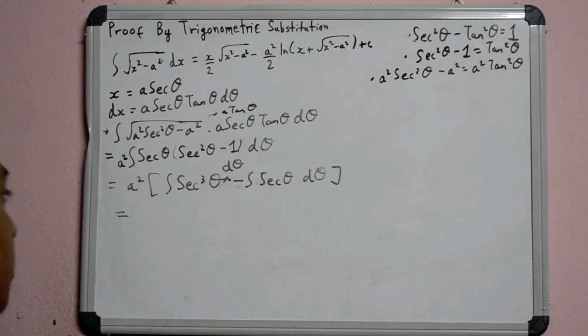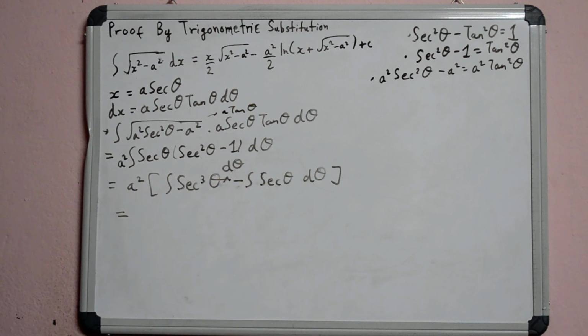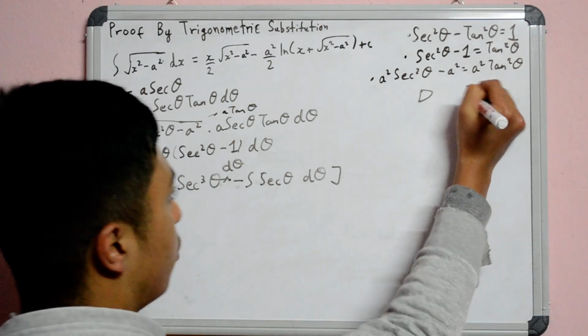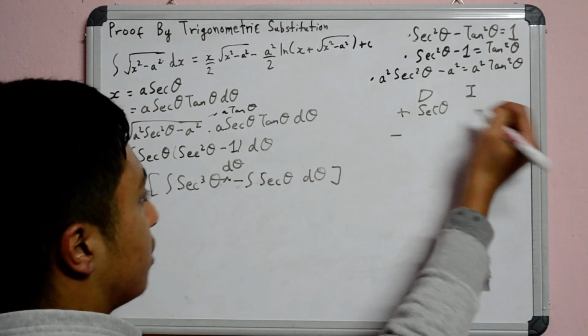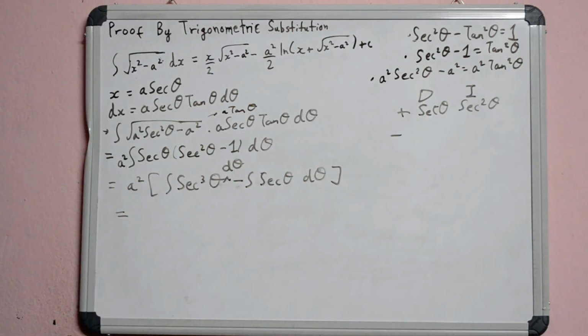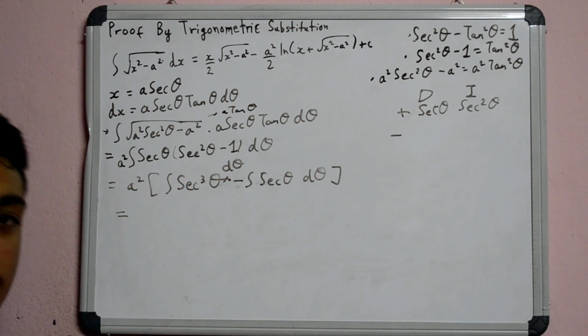Ink is running out. So now we have to do the integration of sec cube theta, which I've done 2-3 times in the past. I'll give you guys the hint if you want to do it on your own: differentiate sec theta, integrate sec square theta, and you'll get your answer. Another hint is let I equal integration of sec cube theta d theta.